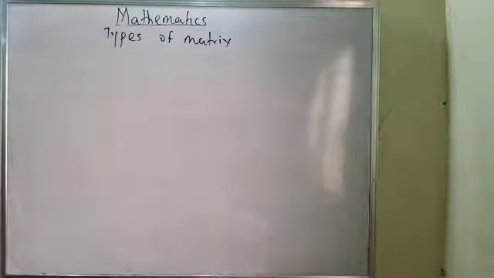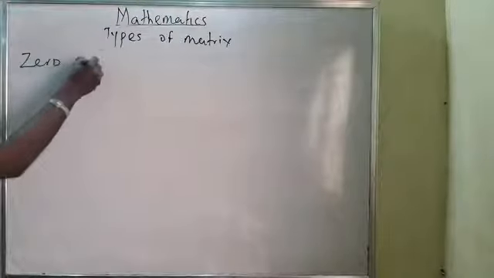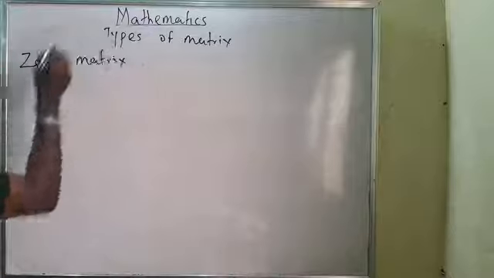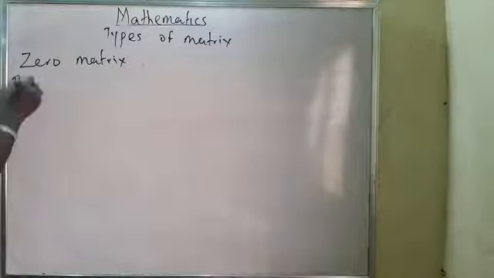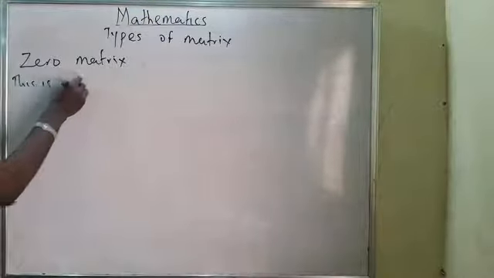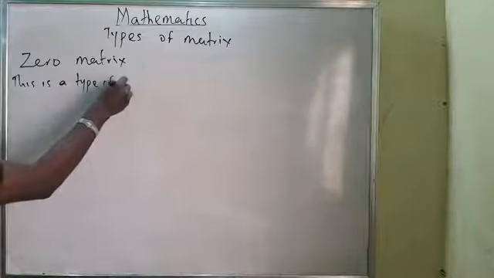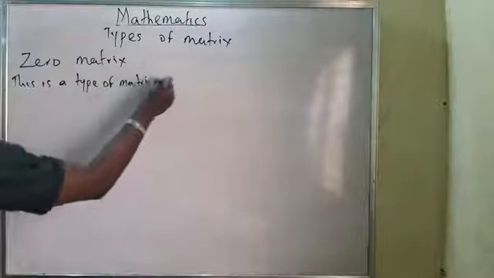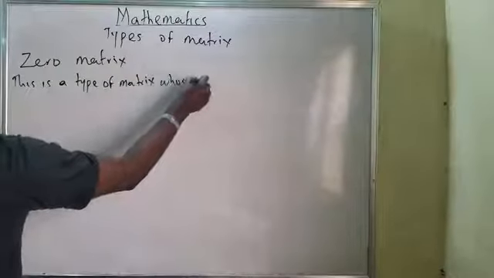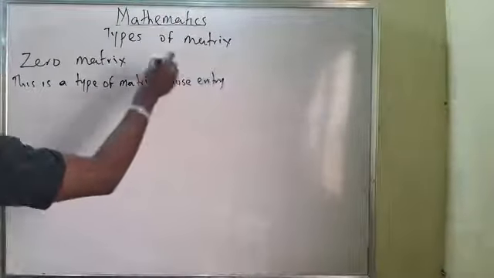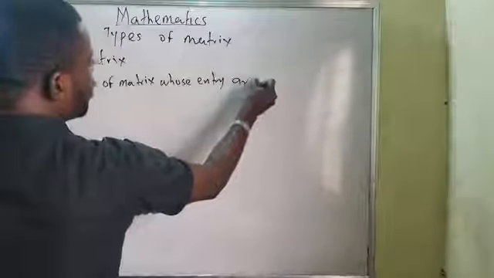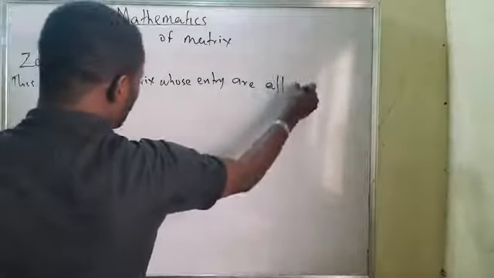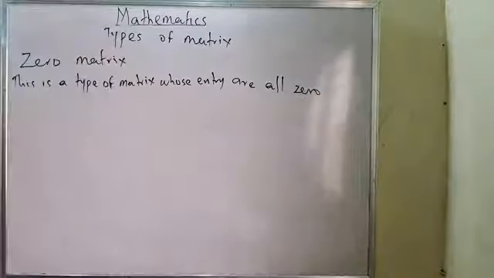The first one, I will talk about zero matrix. This is a type of matrix whose entries are all 0.